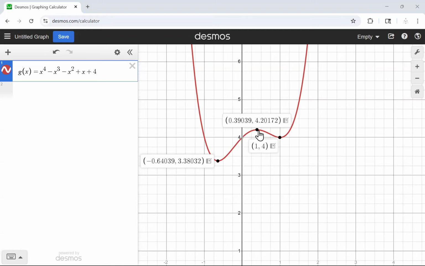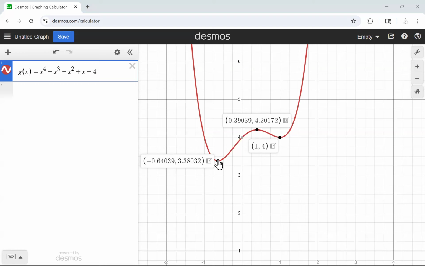Now, what about the absolute minimum and the absolute maximum? Since we have two local minimums, they can't both be absolute minimums. You can see that the smallest y value on the entire graph is at this point here of negative 0.64, comma 3.38.